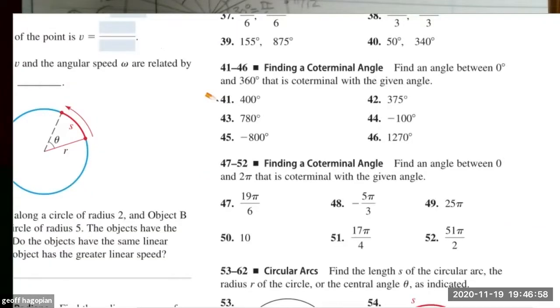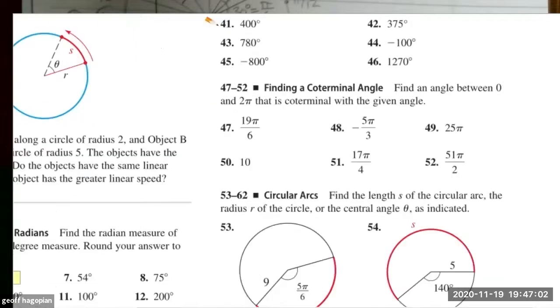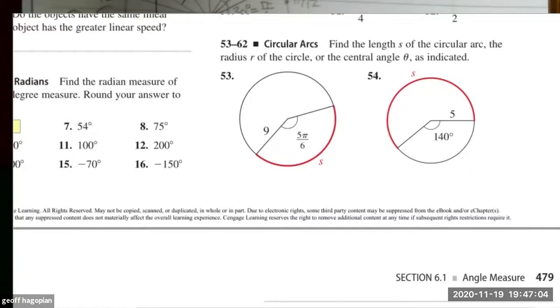So finding a coterminal angle. Okay, I think we kind of did that. All right, let's say we're done with those. Circular arcs. Find the length of the circular arc, the radius of the circle, and the central angle. Sure, let's draw number 54. I draw a circle.